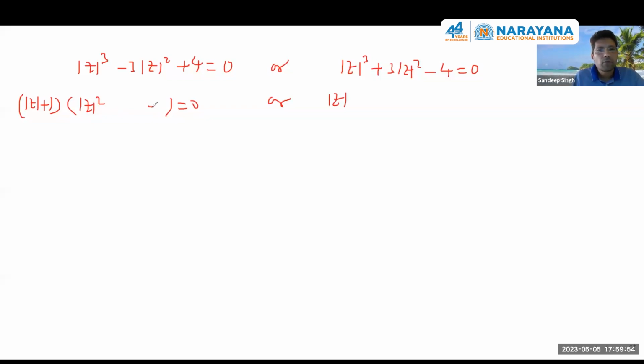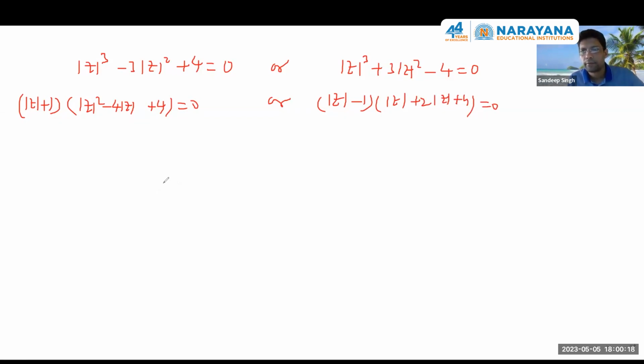Here +4 will come and -4 mod z should come, if I'm correct. Please check this again. Mod z cube minus, correct है ना. और यहां उल्टा आएगा, mod z -1 आएगा, mod z will be there, और mod z square 2 mod z और +4. Please check. Is it clear to all?